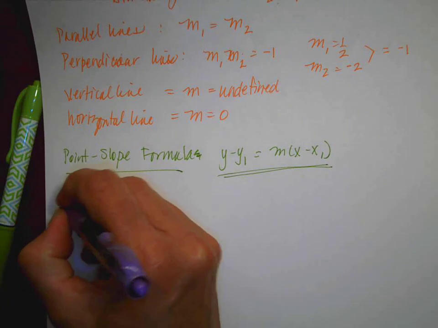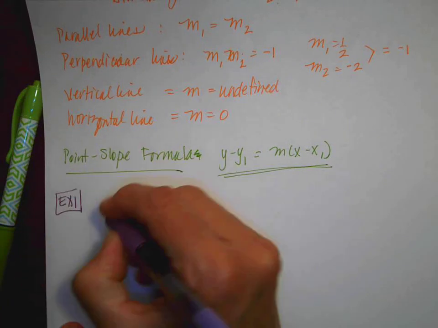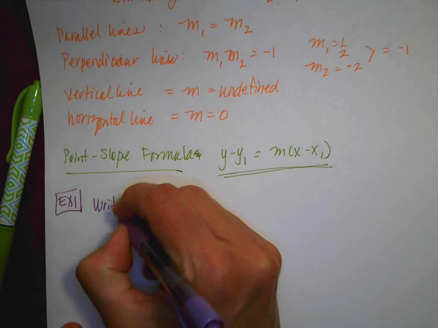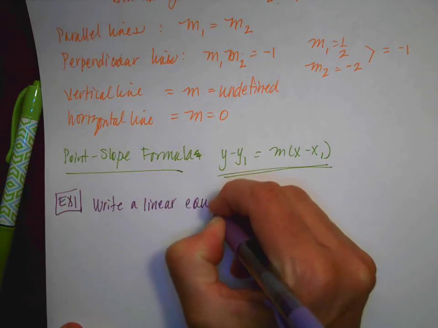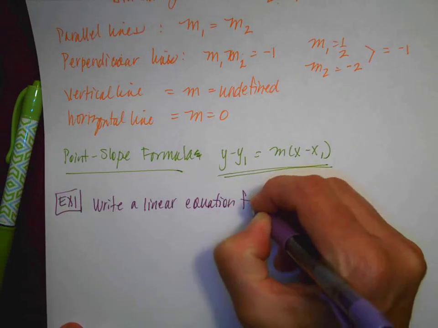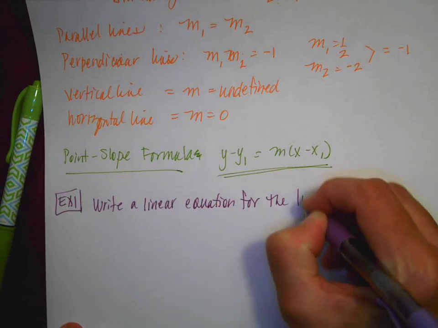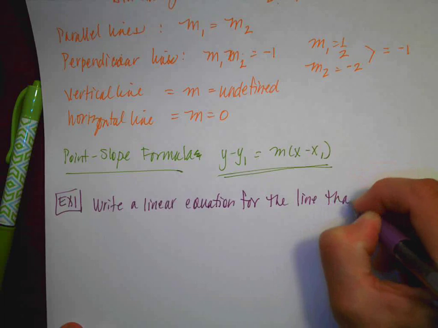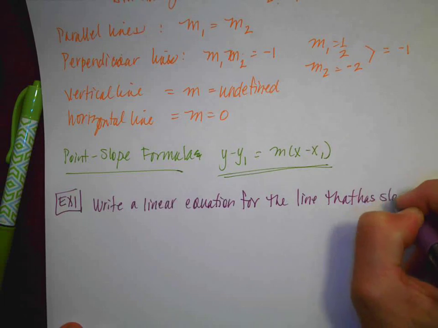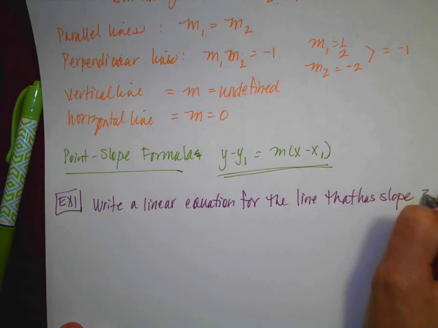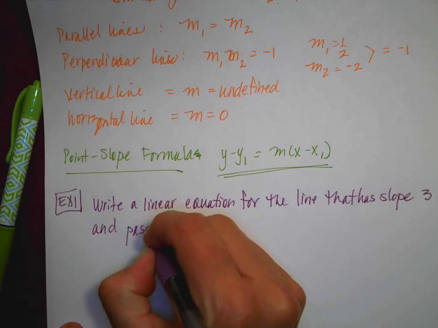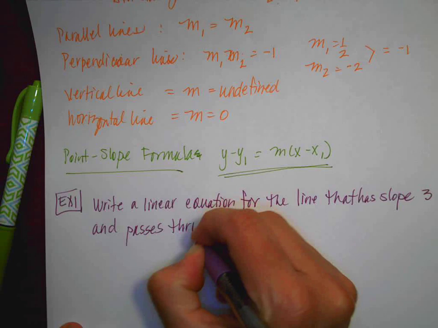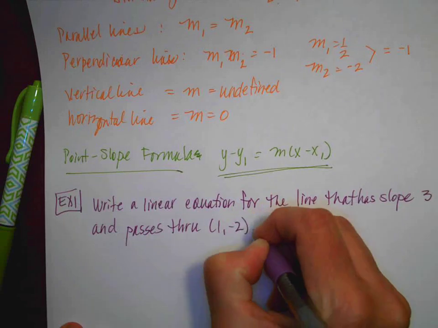So for our first example, I want to write a linear equation for a line that has slope of 3, and then it passes through the point 1, -2.